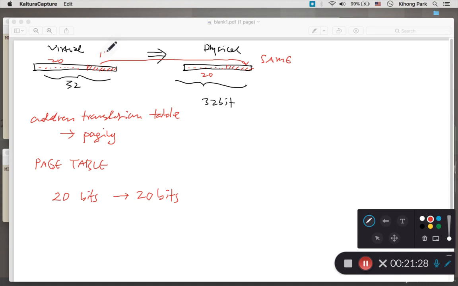These 12 bits here, they remain unchanged. So the content of the page table in our setting needs to only be 20 bits wide for this to be translated to this. And this is referred to as page number.